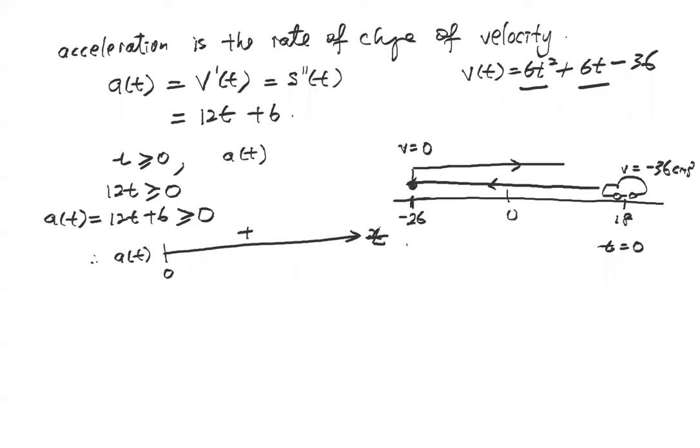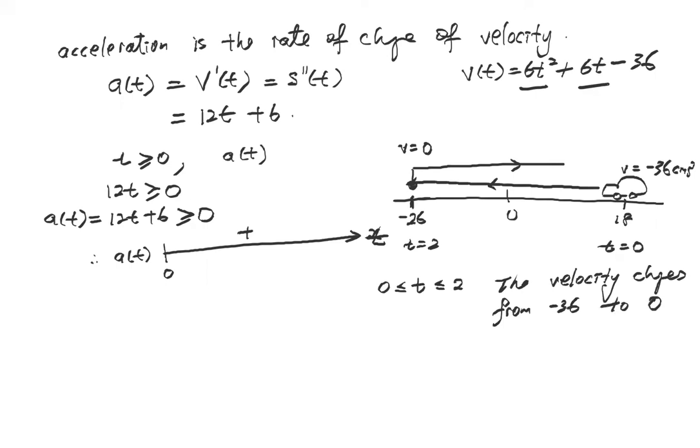From t equal to 0 to t equal to 2, the velocity changes from negative 36 to 0. Am I right?